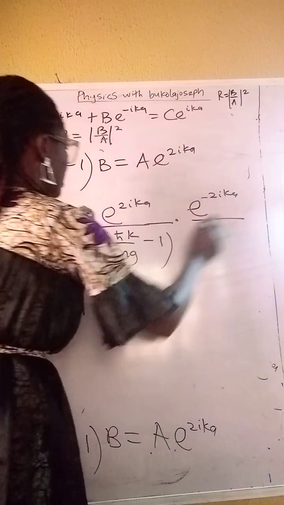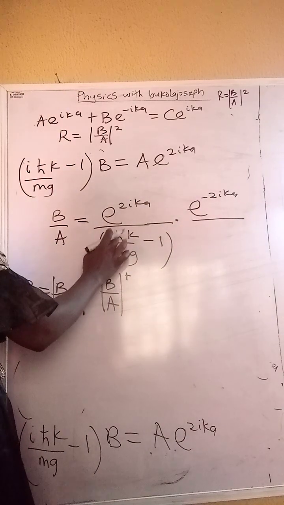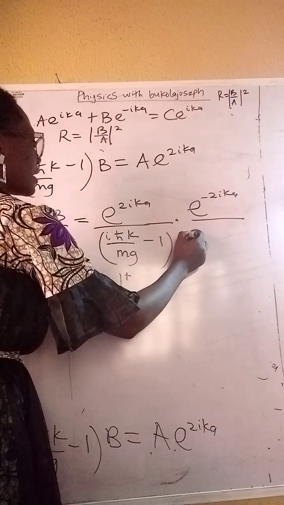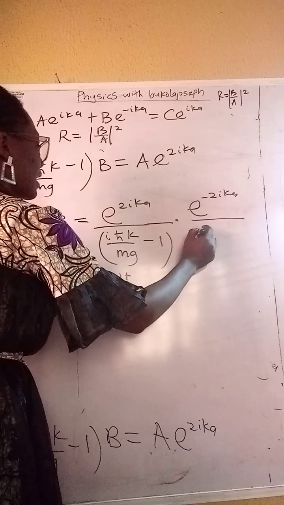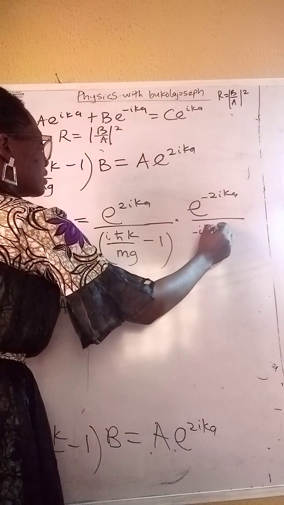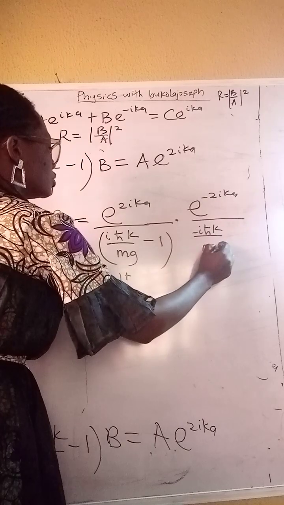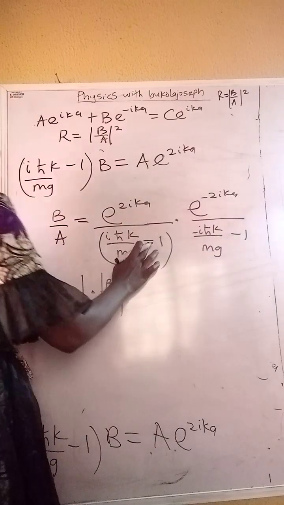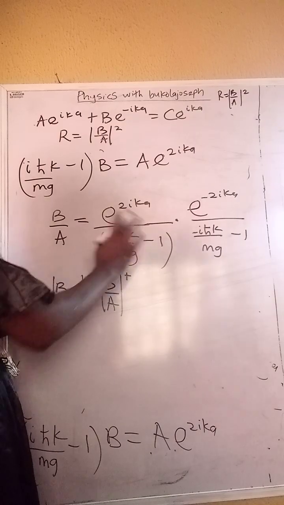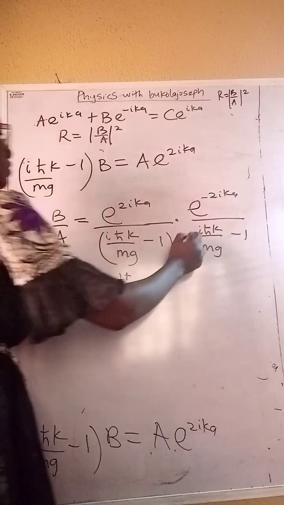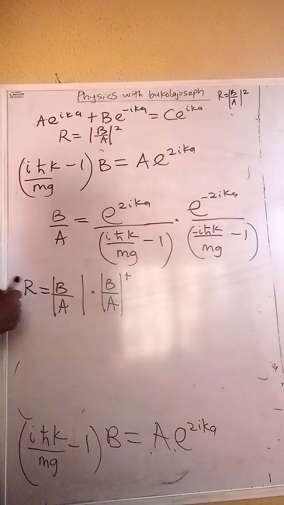So all over, this also is having a complex number, so we have minus i h cross k all over mg minus 1. You are not changing the sign of this because it's not having a complex number. Okay, so this is it. So we are going to be multiplying it out to find our reflection.